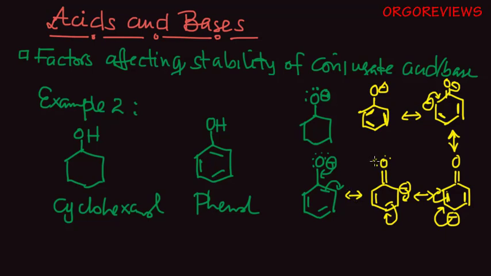So as you can see, you can write as many as about 4 different resonance structures for phenoxide. And that makes this electron on the negative charge very stable. Therefore, we expect phenol to be much more acidic than cyclohexanol.